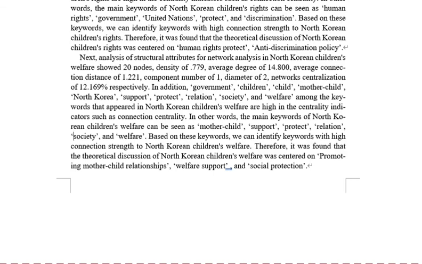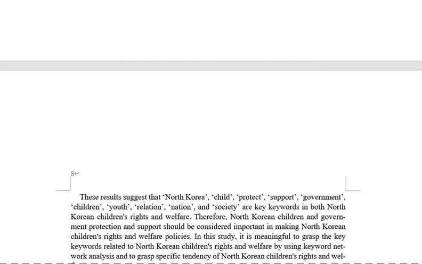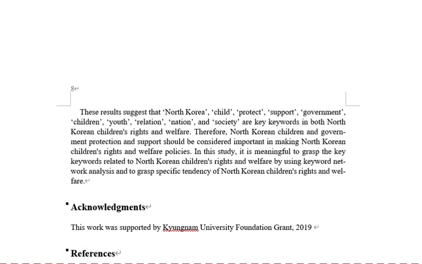These results suggest that North Korea, child, protect, support, government, children, youth, relation, nation, and society are common keywords in both North Korean children's rights and welfare. Therefore, government protection and support for North Korean children should be considered important in making North Korean children's rights and welfare policies.